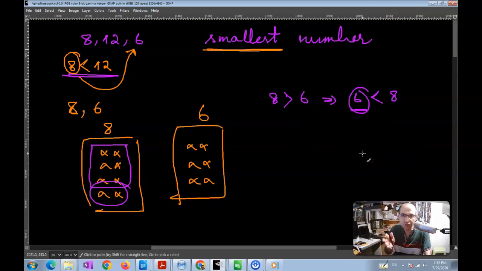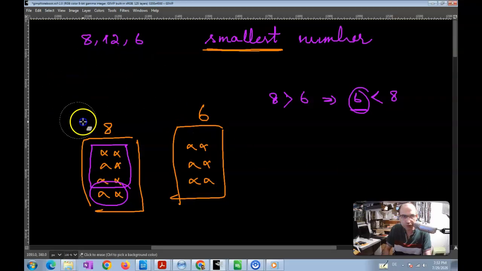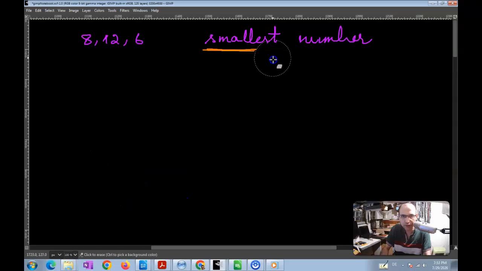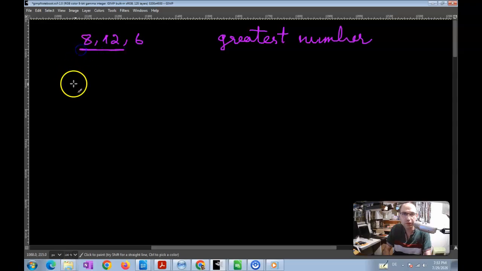And of course you can do the exact same thing if you were looking for the greater number, for the greatest number. Meaning that if you were looking for the greatest number, you would still do the same comparison. Over here you would have the greatest number, and you would pick these two numbers and compare them. 8 and 12, you would compare them.